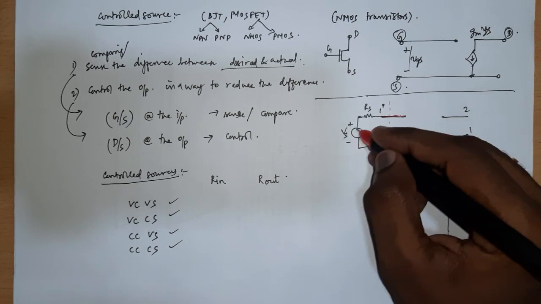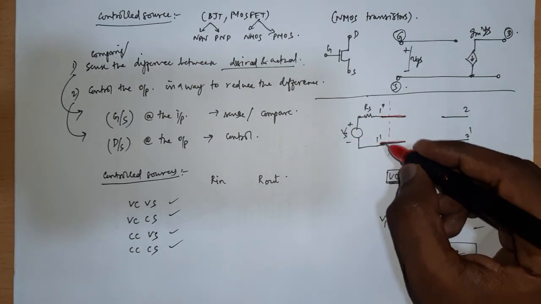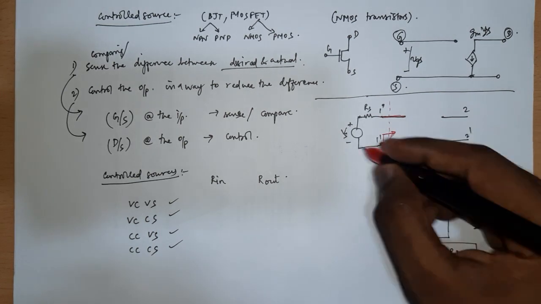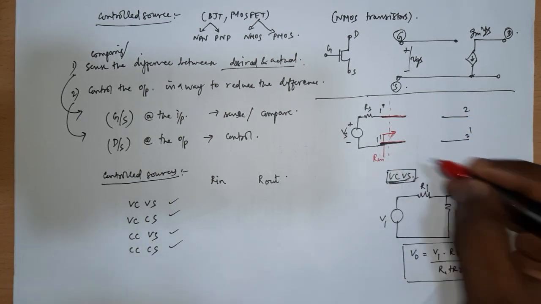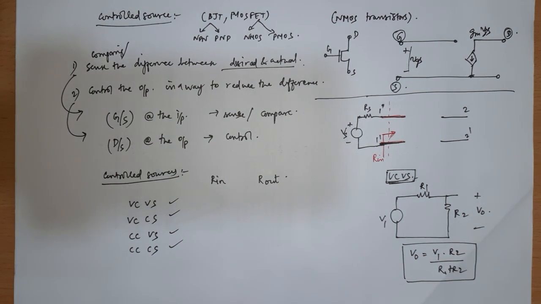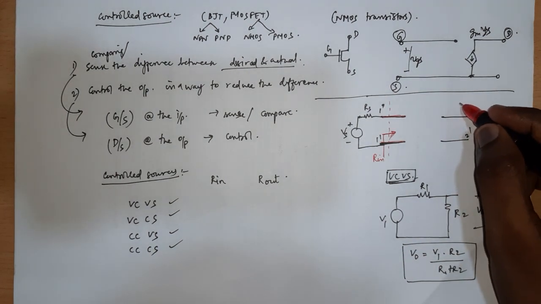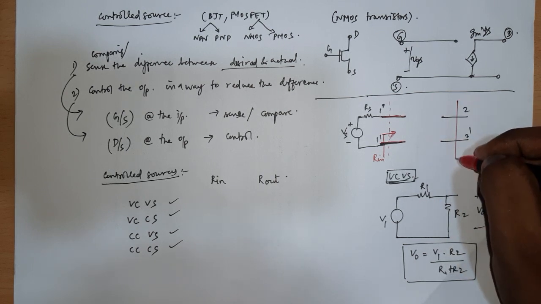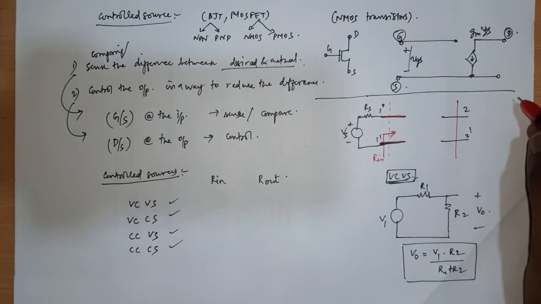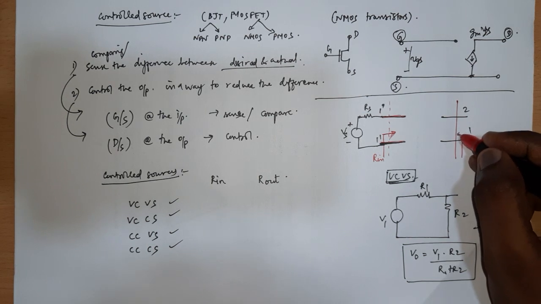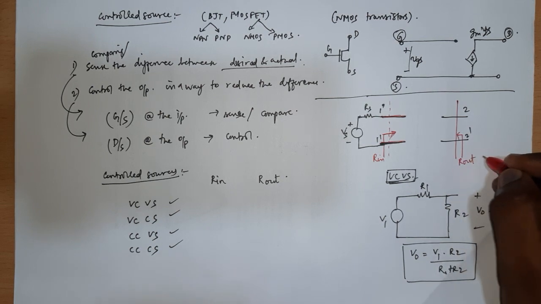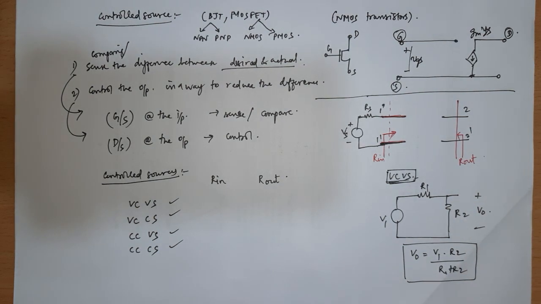To the left of this line, whatever we connected is external, and we look inside the port, and whatever you see as a resistance, it's the input resistance. Similarly on the output port, there can be something here. You can connect anything at the output side, but then I look from here into this, to the left of this line, and whatever I see as the resistance, it's the output resistance. This much we know already.